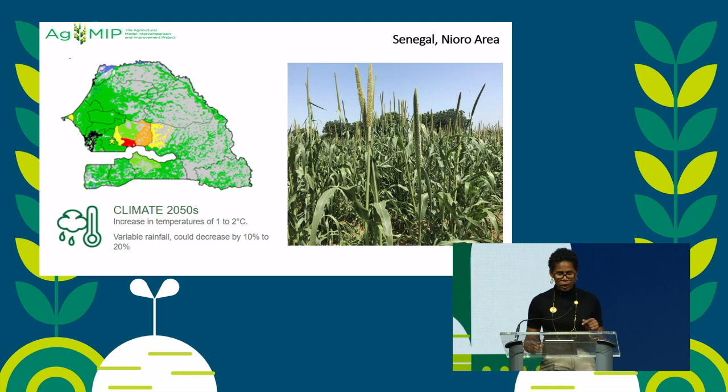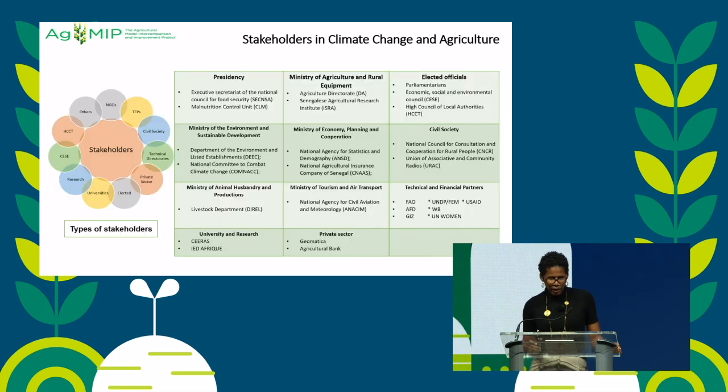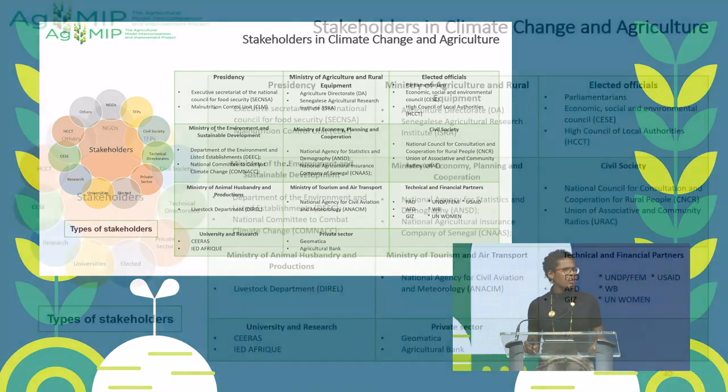In the meantime, commitment for climate action, climate finance, the so-called green finance is still lacking, and we are waiting for that. In this context, you may say, so nobody is working on climate change in agriculture. Yes, a lot of people in Senegal are working on it.